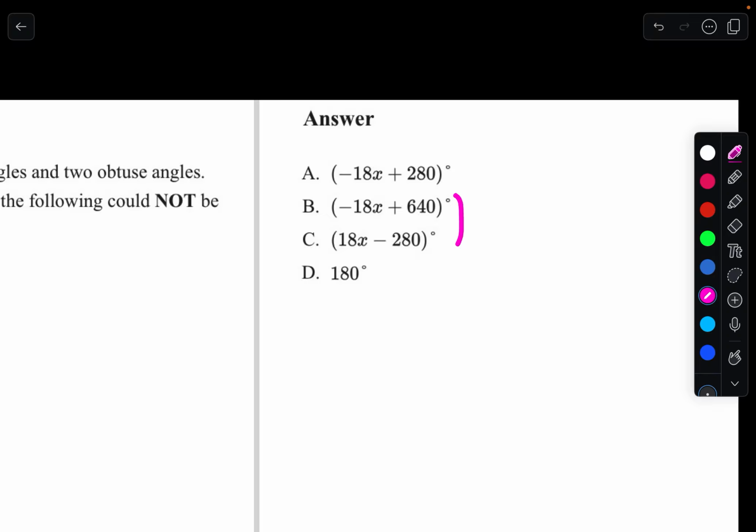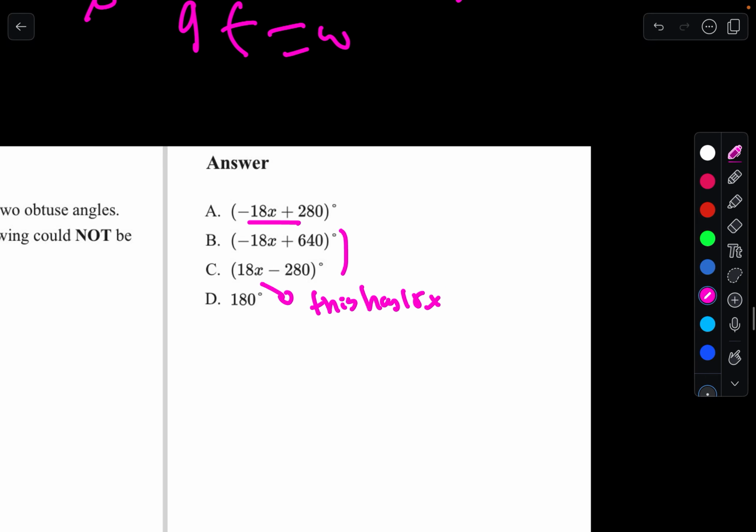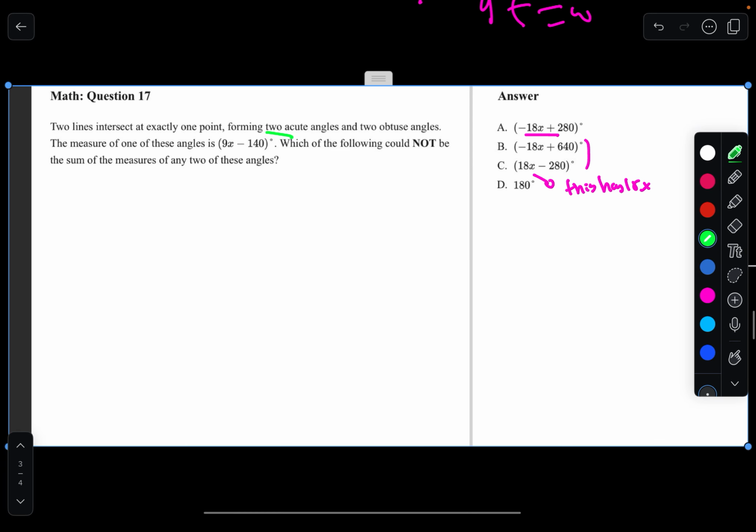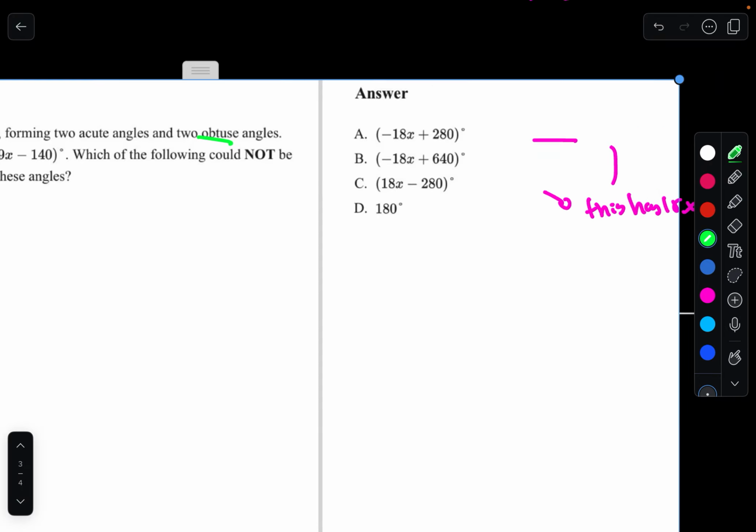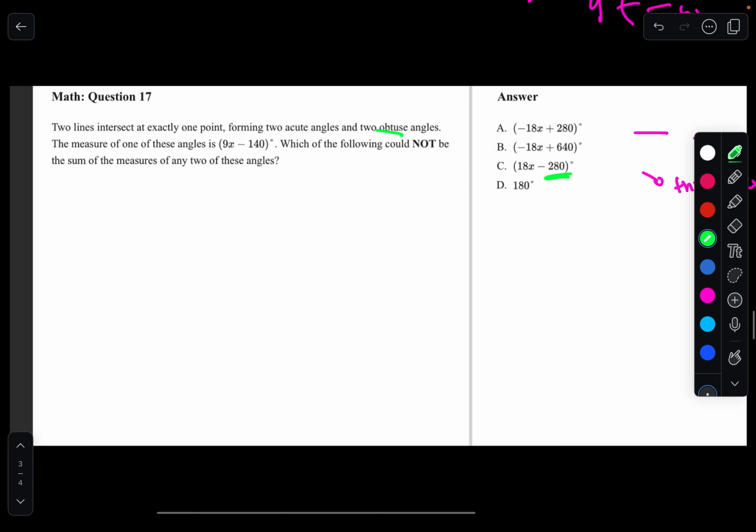All right. So right here, this one, for example, has 18x, like these ones, but also has the 280. The thing is though, it has a negative 280. So it shares things with two of those, and that's why this is the right answer.